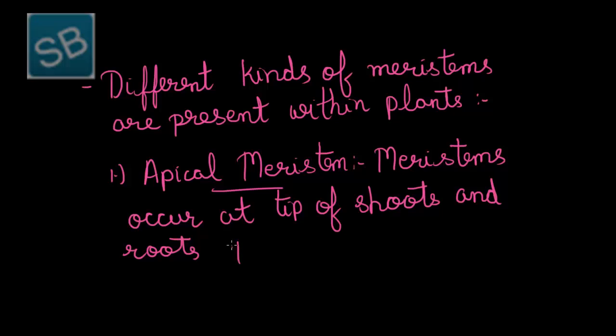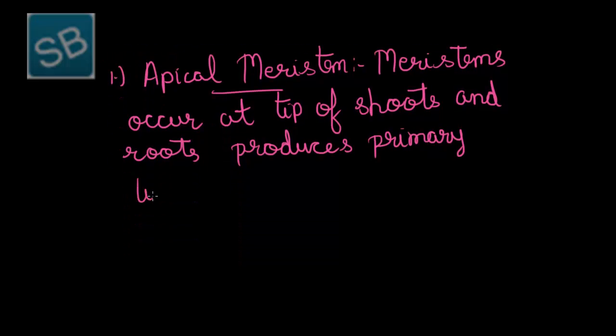They produce primary tissue. These apical meristems are responsible for the linear growth of the plant.